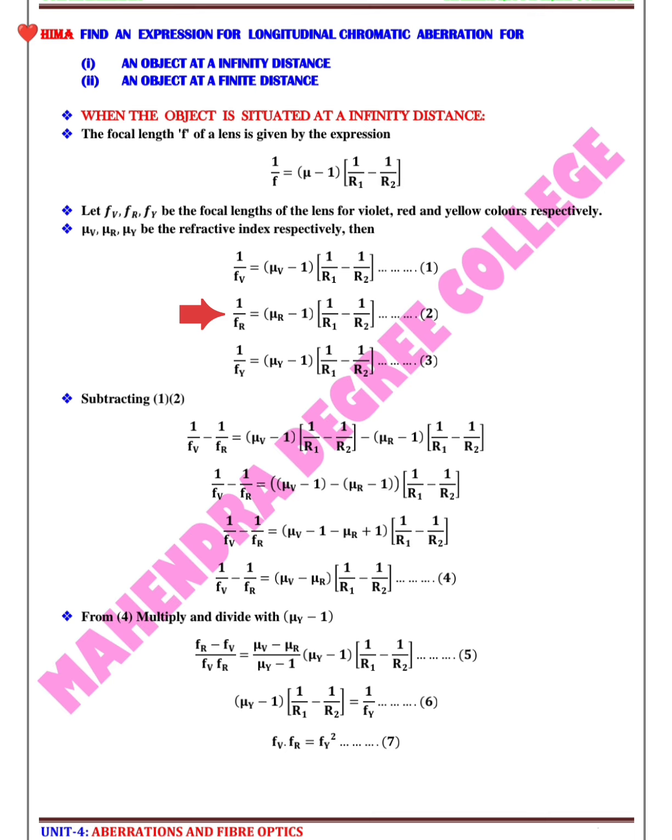This is equation number 2, where FR represents the focal length for red light, mu R represents the refractive index for red light, and R1 and R2 are the radii of curvature of the lens surfaces.